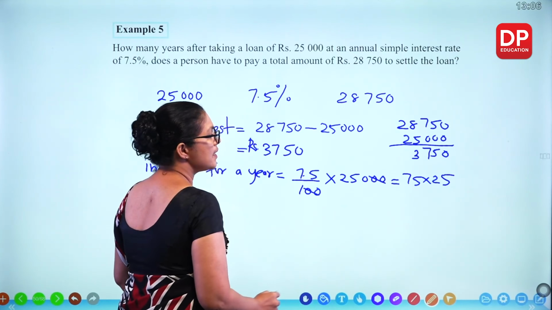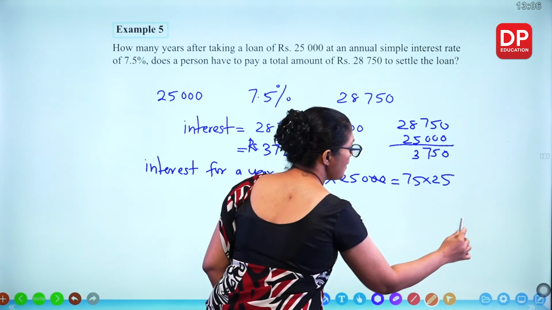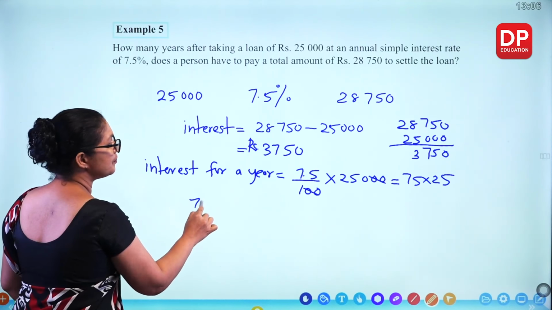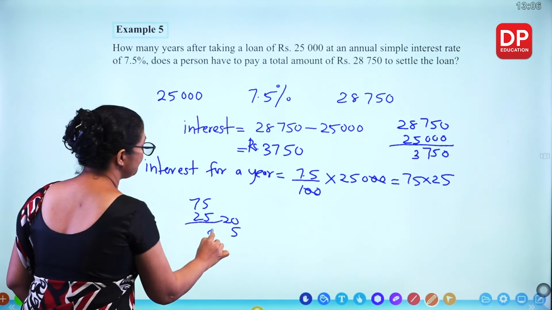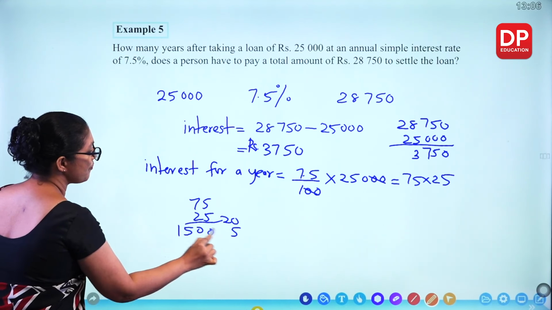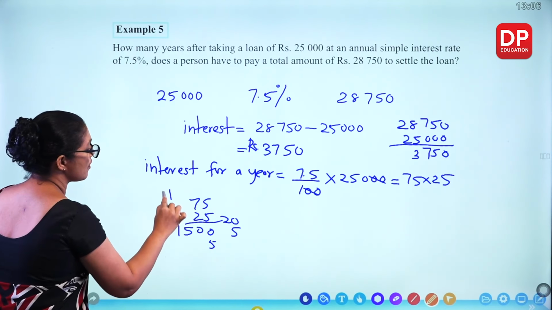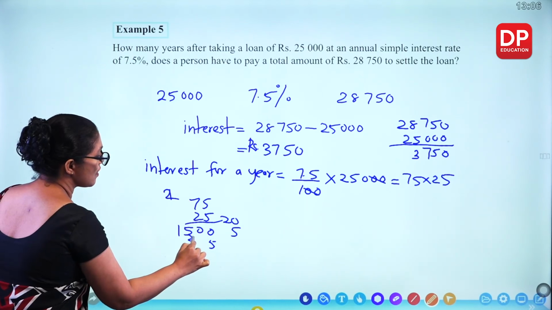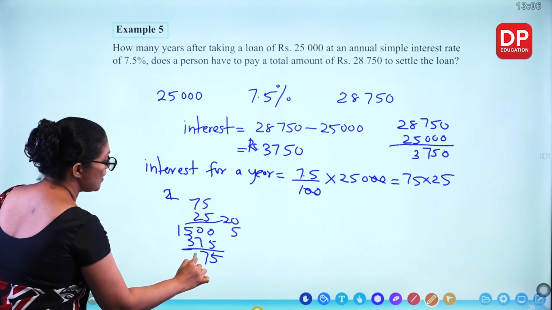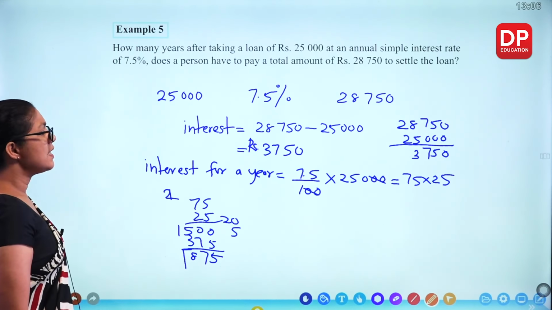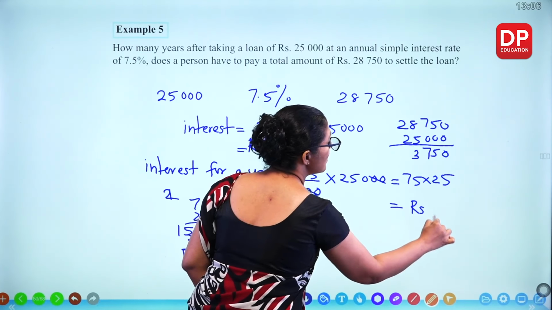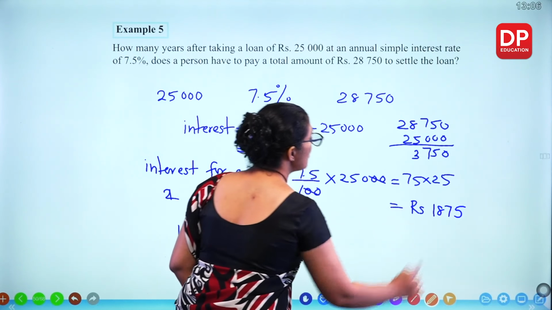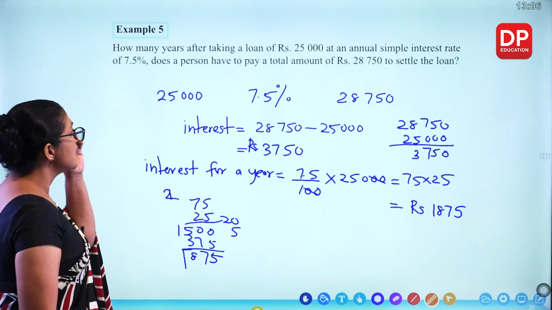So multiply 75 times 25. I'll do it here. 20 and 5. You get 1,875.